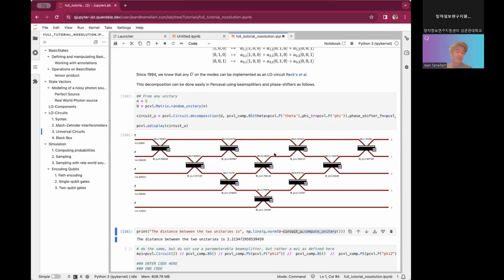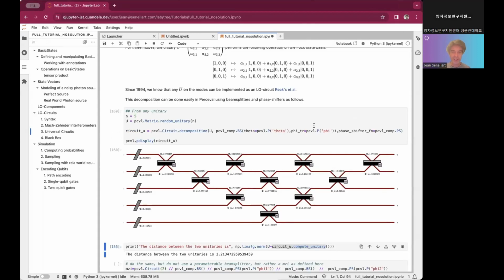This technically makes a difference because you know that the main enemy that we have in quantum photonics is the loss. The more components you add on the path of the photon, the higher the loss you will get. So we expect that these circuits will have a very different loss between mode 0 and mode 4, which will affect your algorithm.